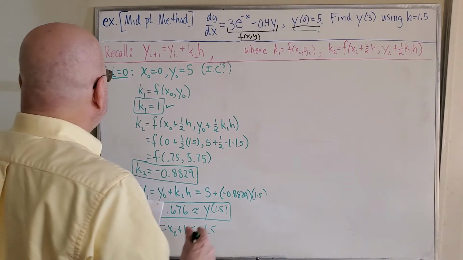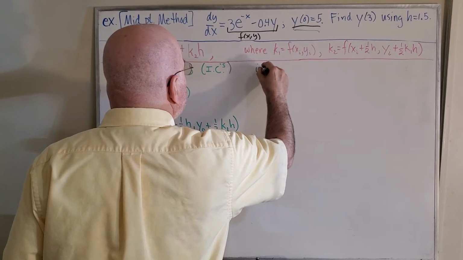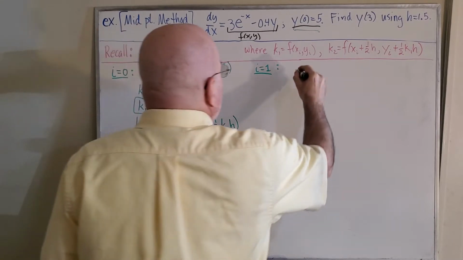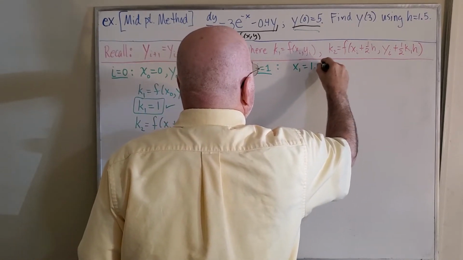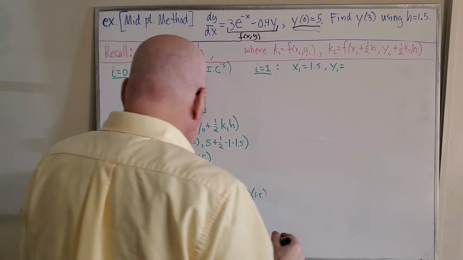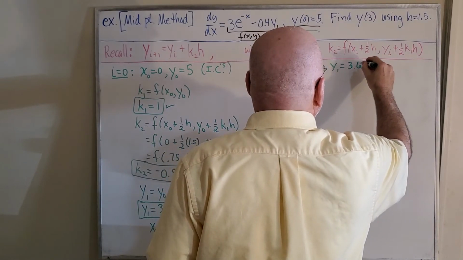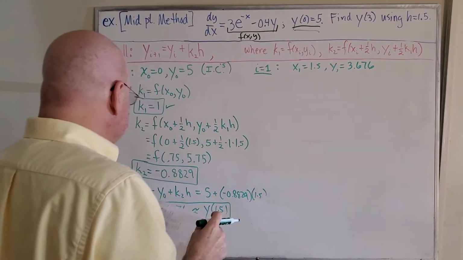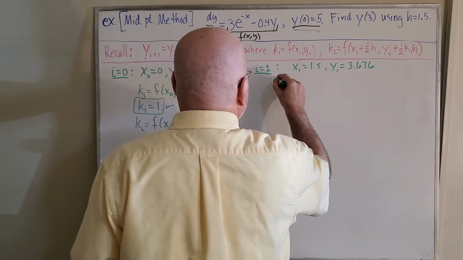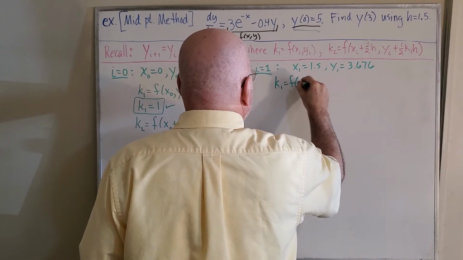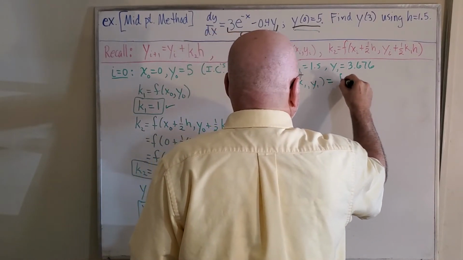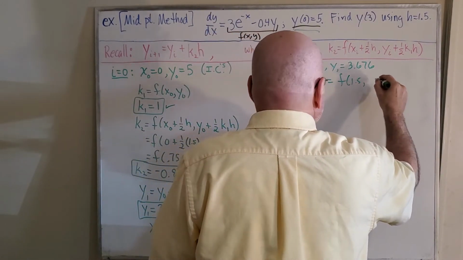Okay, let's go to the next step. Step i equals 1. Well, we have x1 equal to 1.5, and we have y1 equal to what we just computed, 3.676. And now we'll compute k1 and k2 in a similar fashion. k1, which is f of (x1, y1), is equal to f of (1.5, 3.676).